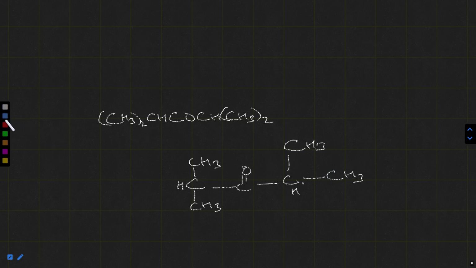So first we will number it. You can start numbering from either side; you will get the same priority. 1 2 3 4 5. Now what are the substituents? We have a methyl group on 2 and 4 position, and at 3rd position we have a ketone. So what would be its name? First of all, the methyl groups: 2,4 dimethyl.